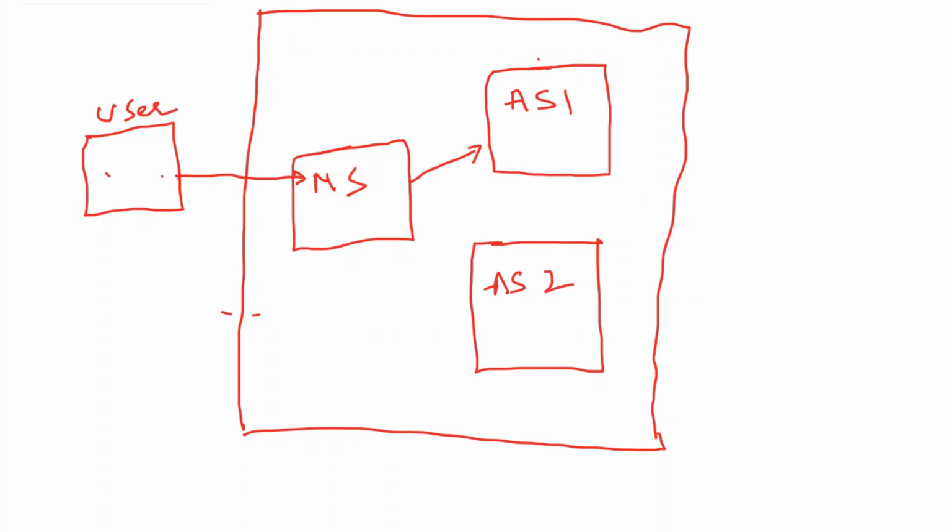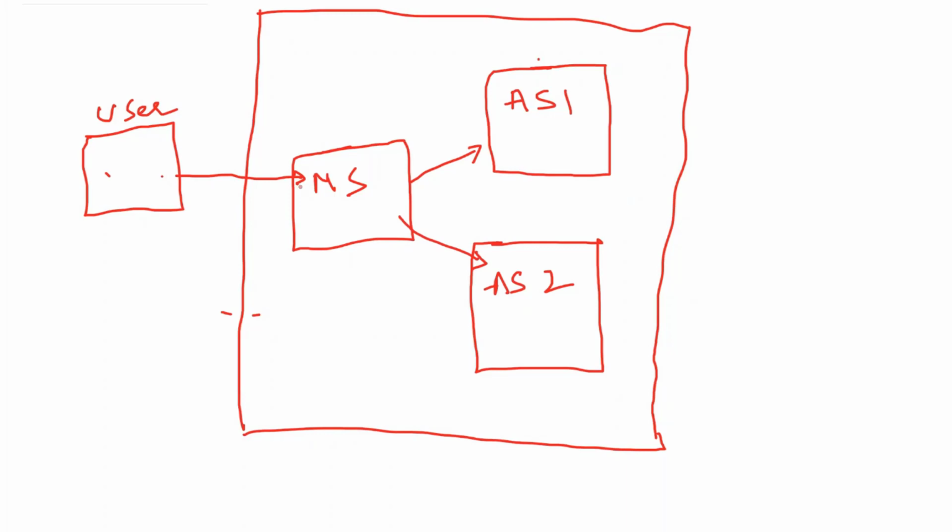Now when the user tries to log into the SAP system, the request will go to the message server, and the message server will see which application server is free to take that load. For example, one application server is already running at 70% capacity, while the other is only running at 5% capacity. Then the message server will connect you to the server which is less loaded.